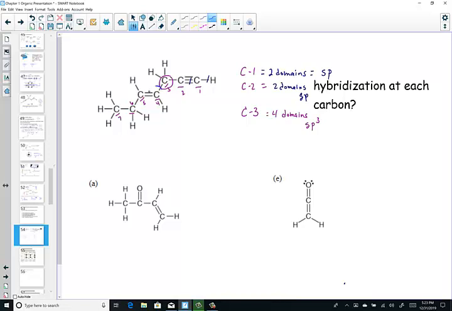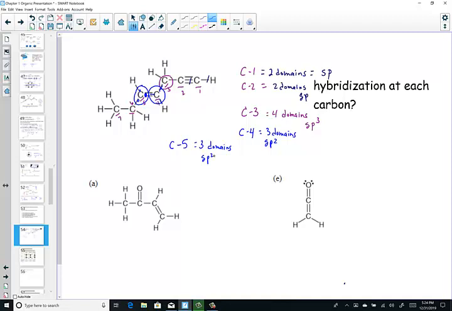Here's carbon 4. Carbon 4 has 1, 2, 3 domains. Remember that even if it's a double bond, it still counts as 1 domain. So that's an sp2 trigonal planar 120-degree bond angle. Carbon 5. Carbon 5 has 1, 2, 3 domains. Therefore, we know it's an sp2 hybridized carbon.